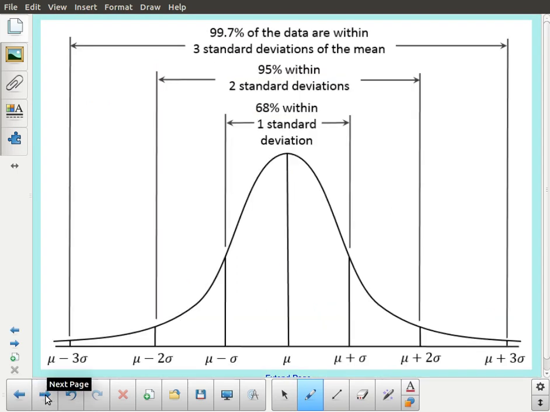In a previous lesson, I had talked about standard deviation, and standard deviation is a measure of how much your data moves away from the mean. So you can see here in the middle, there's the mean of the data. In this case, I'm using the letter mu, so that would be the mean of the population data.